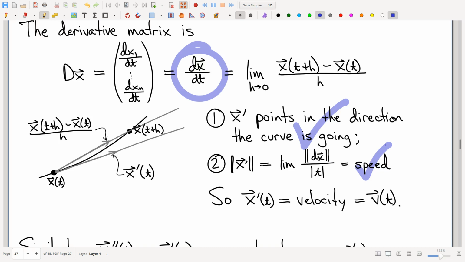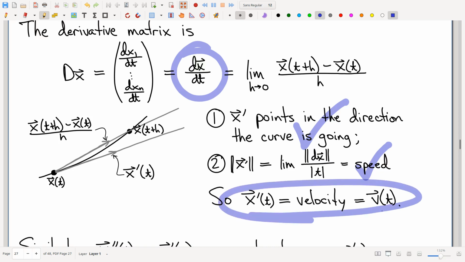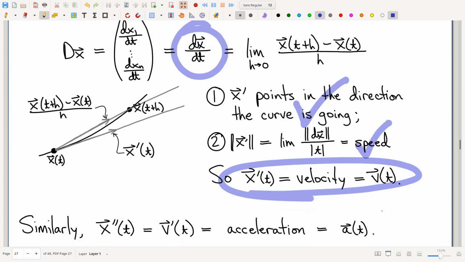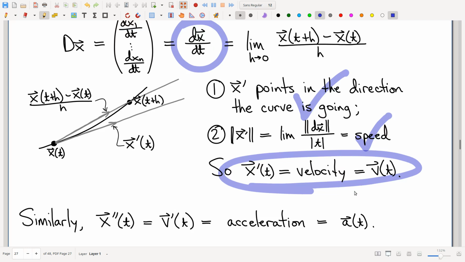That is literally the definition of the velocity vector. And so we have a very satisfying interpretation of a multivariable derivative, and that is that the derivative of a parametric curve gives the velocity of the parametric curve. Does everybody buy it? Okay.